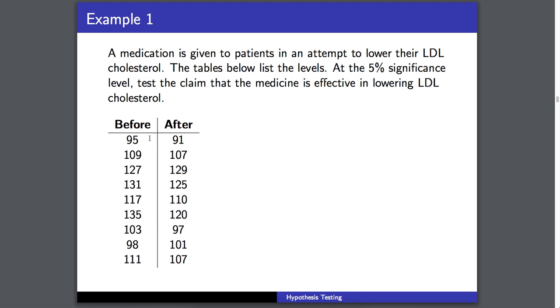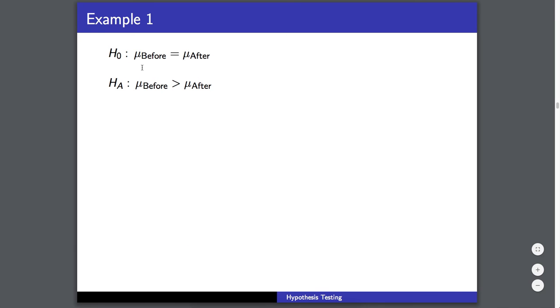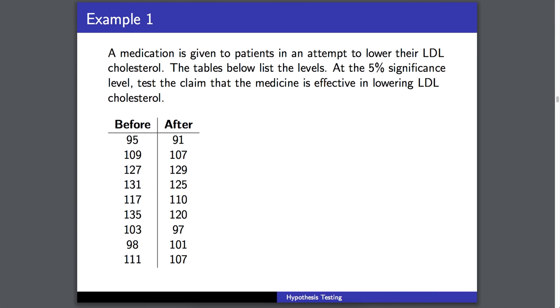effects. So for this one, our null hypothesis is that there is no difference in cholesterol levels from the before and the after. In other words, the population mean of the before is going to equal the population mean after. For the alternative hypothesis, we're testing whether or not the medicine is effective in lowering LDL cholesterol.